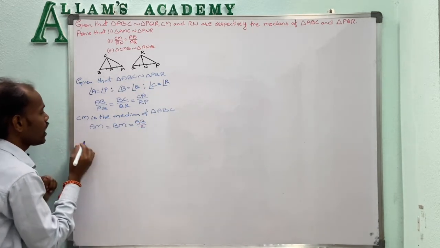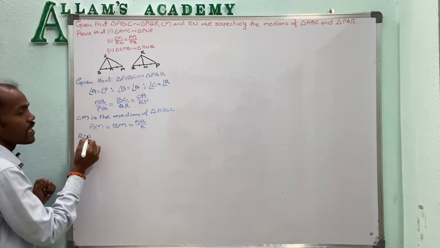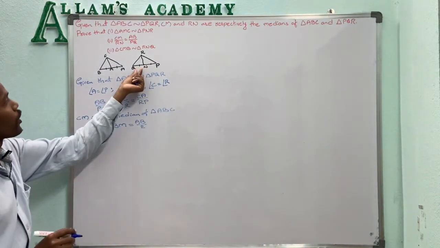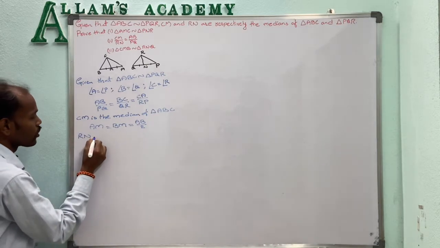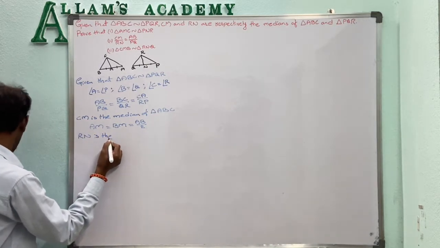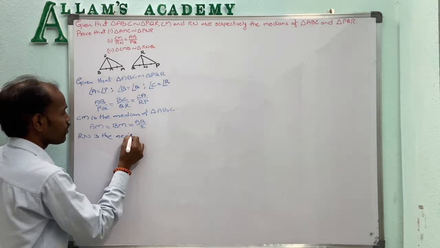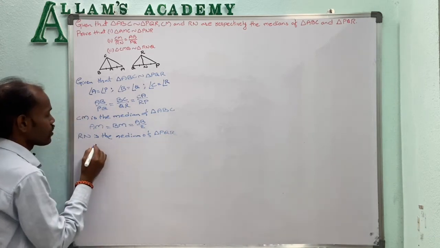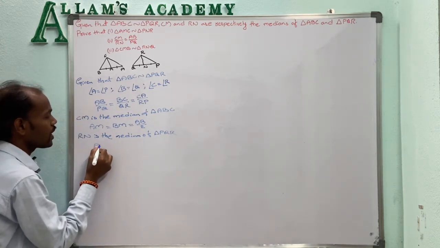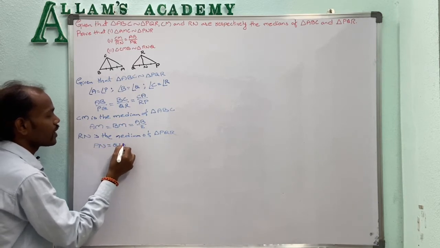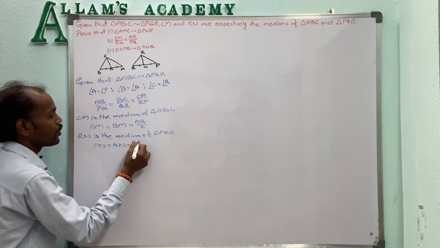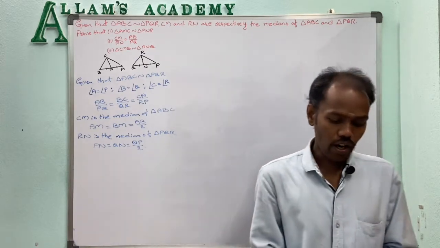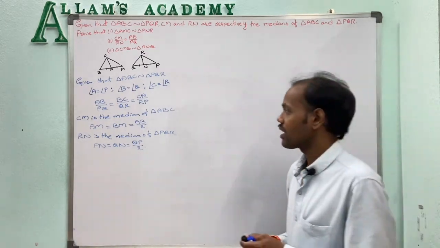Next, RN is the median of triangle PQR, so QN length and NP length are half of PQ length. Okay, this is the given information.